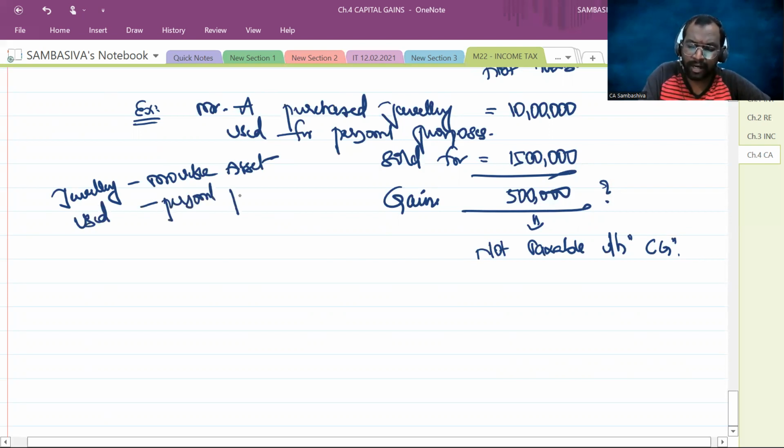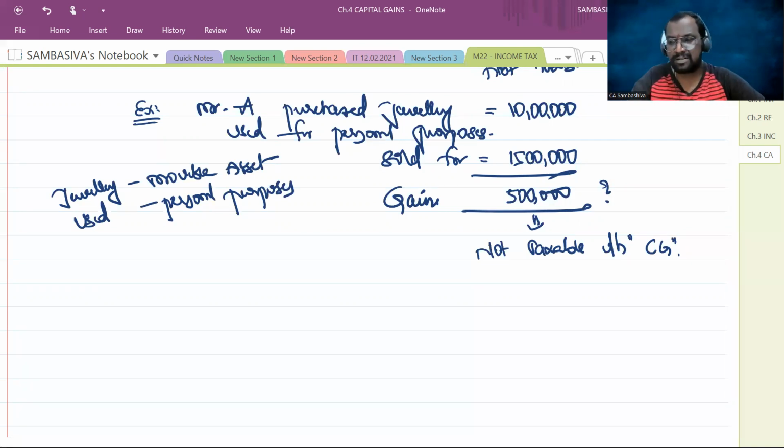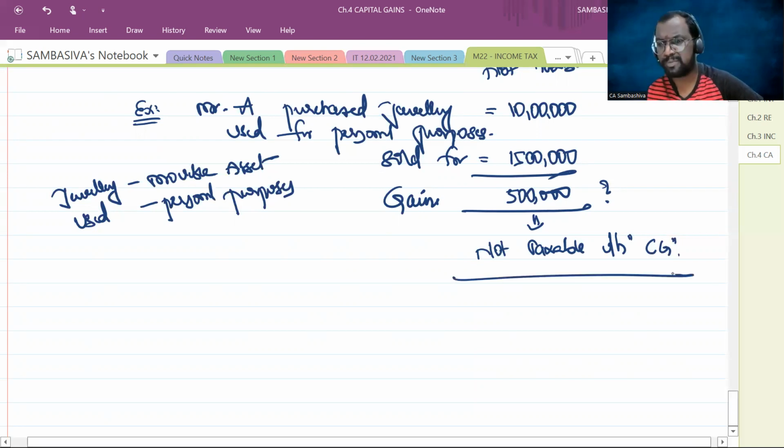Both the conditions are satisfied, no? So why is jewelry not a personal effect? Sir, it is a personal effect, hence not taxable under capital gains.